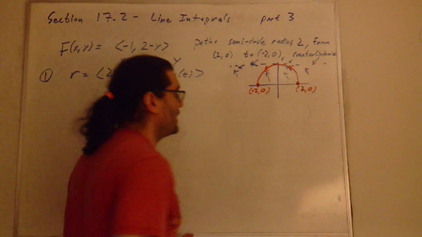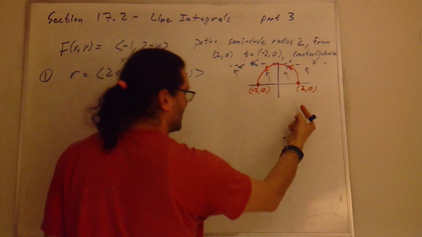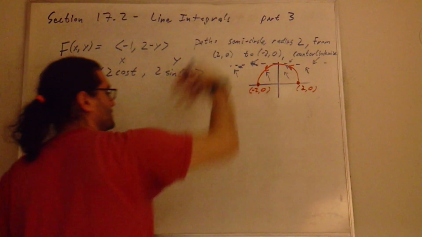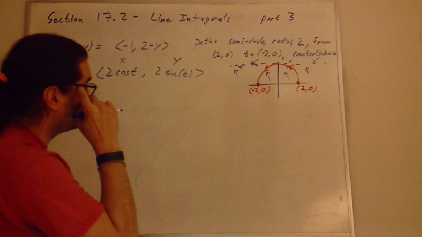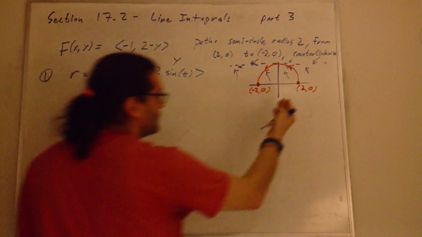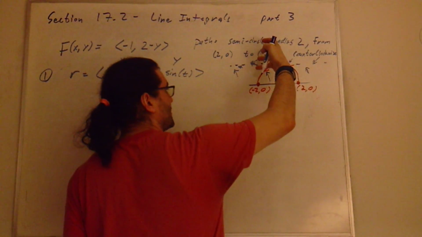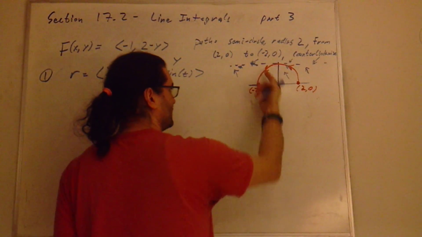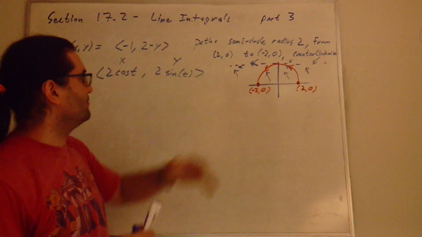So I'm expecting a decent-sized positive result, because my path is moving to the left and my vector field is pushing to the left, so we should get a pretty positive result from this, I think. Over here, a lot of it is pushing in the same direction. Over here, we're going to be kind of going against it, because the vector field is pushing up and my path is going down, so maybe after we do this problem, oh!